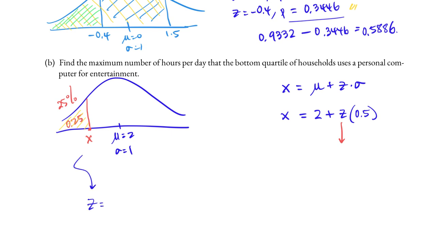The corresponding z-score is negative 0.675 from the standard normal table. And so the score that separates the bottom 25% or the bottom quartile from the top is 2 plus negative 0.675 times 0.5, and this will give us 1.66.